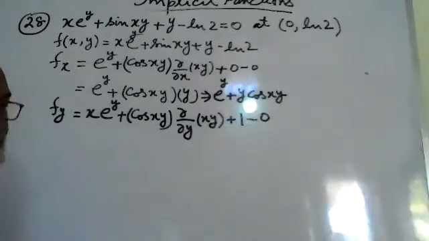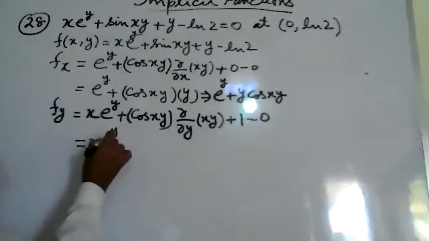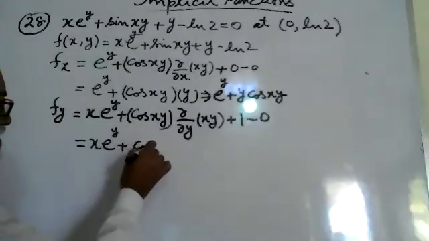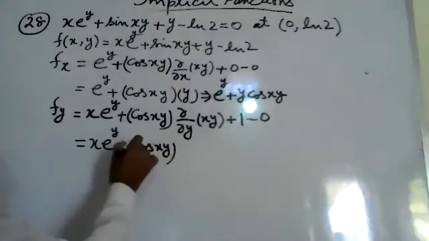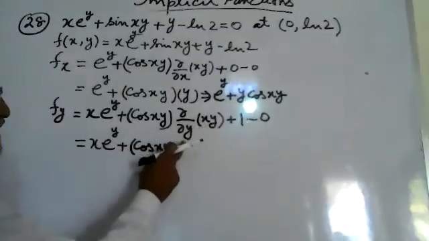This is constant. It will become x e raised to power y plus cos xy into the derivative of xy with respect to y.